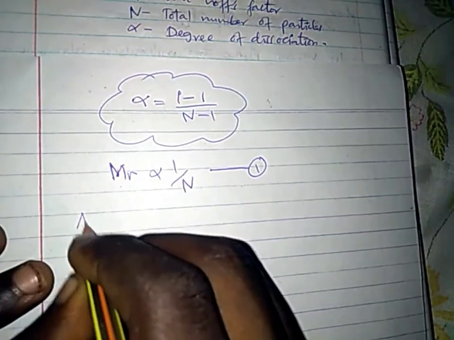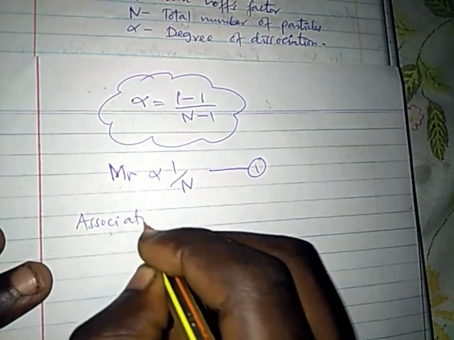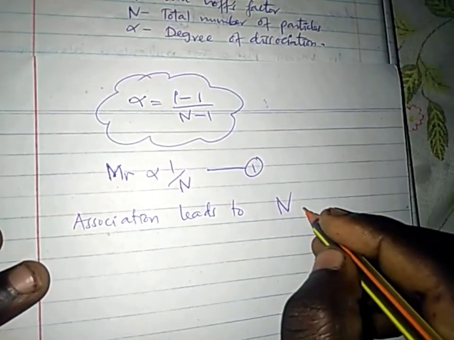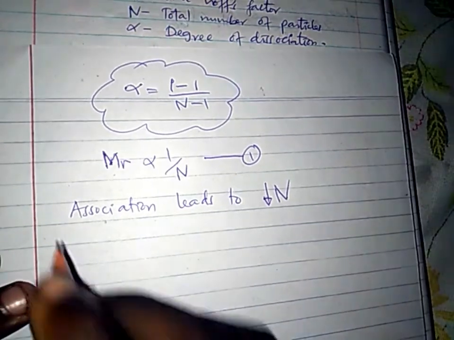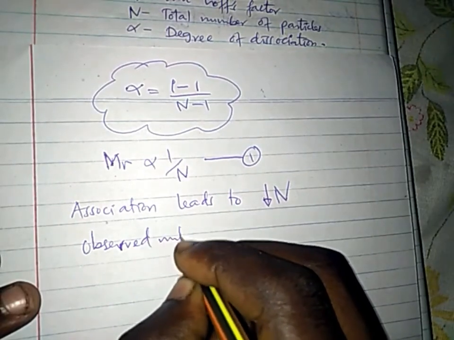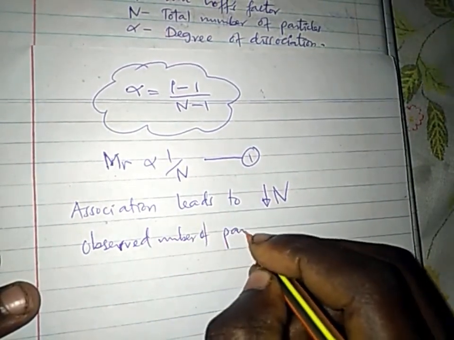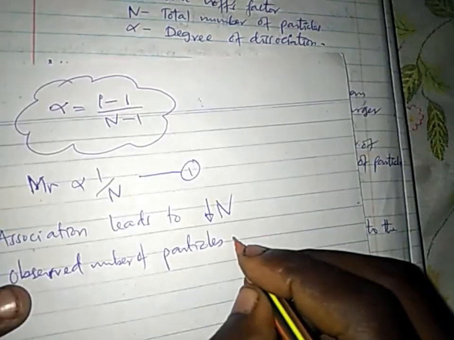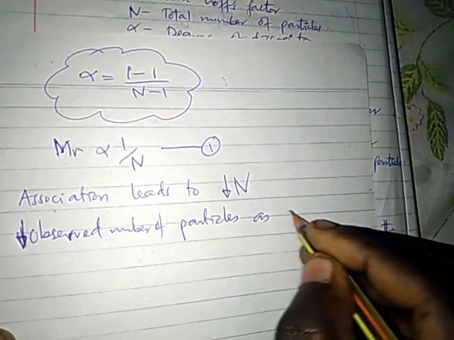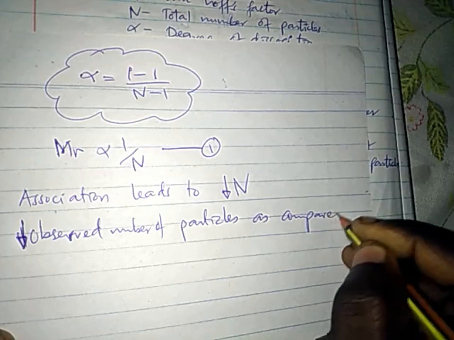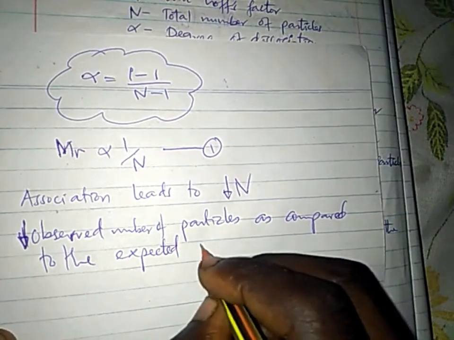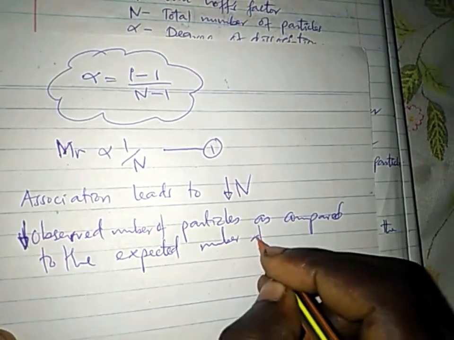Now, association leads to the number of particles being small, so the observed number of particles in association will be smaller as compared to the expected number of particles.